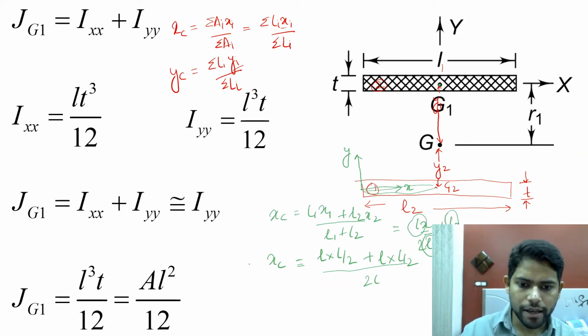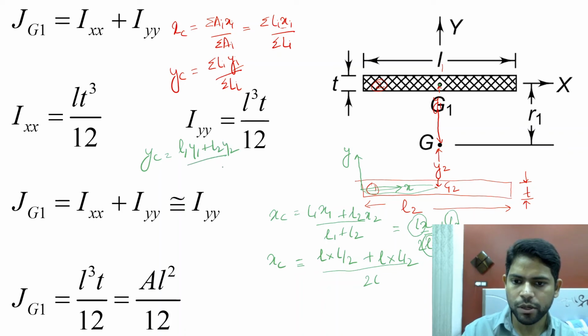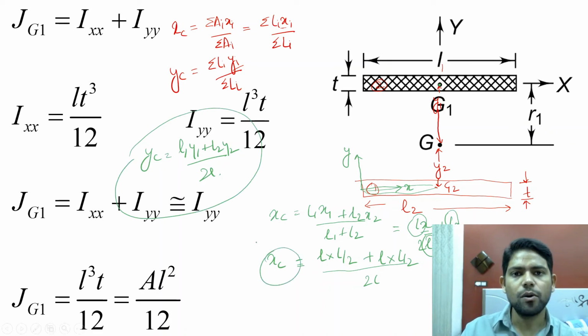Similarly, you can calculate the y coordinate. Y coordinate will be equal to L1 y1 plus L2 y2 upon 2L, where y1 and y2 are the distances as shown in the figure, and that's how you are going to calculate xc and yc, which are the coordinates for the centroidal point.